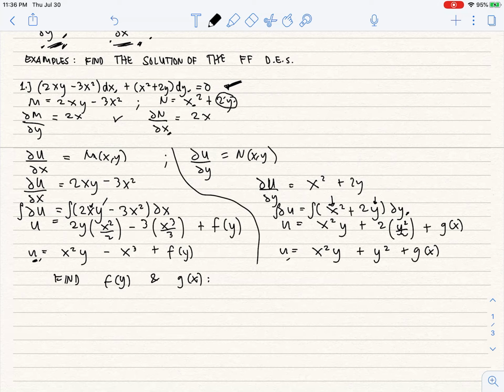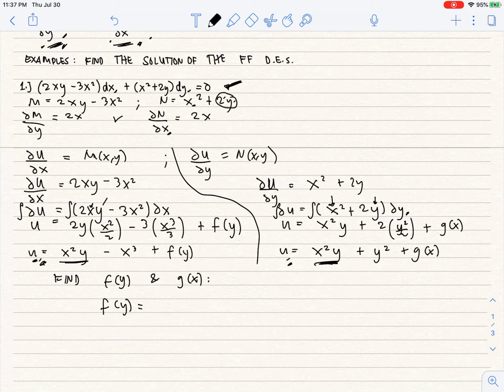So first, let's begin with f of y. So, di ba, equal lang ni sila pag makuha na nato ang f of y, g of x. So later makita nato na. So since equal man sila, murag kumbaga ato equate ang kaning first na u sa second na u. Then ato lang i-check kung unsa ang ilahang differences. So for example, we are going to solve first the value of f of y, di ba? So kani first term is the same with the first term in the second u.